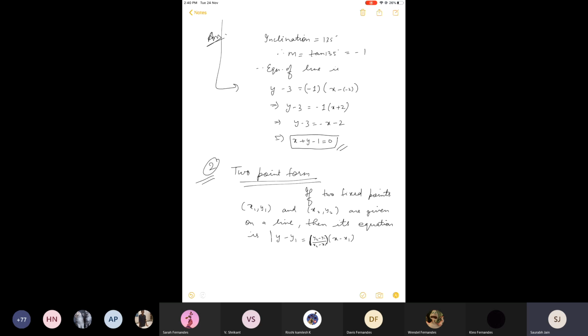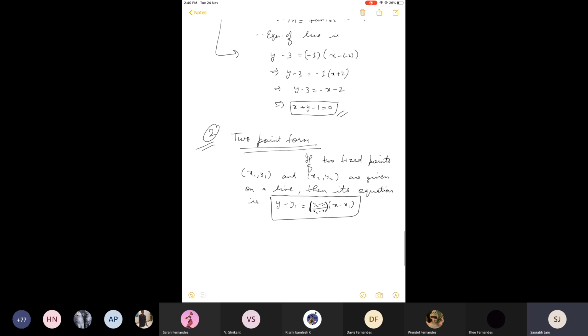So it is similar to the previous equation, but the value of m is not given directly or through inclination. In place of that, 2 points on this line are given. So in place of m, you will find y2 minus y1 upon x2 minus x1. Both the other terms, that is y minus y1 and x minus x1, are the same.